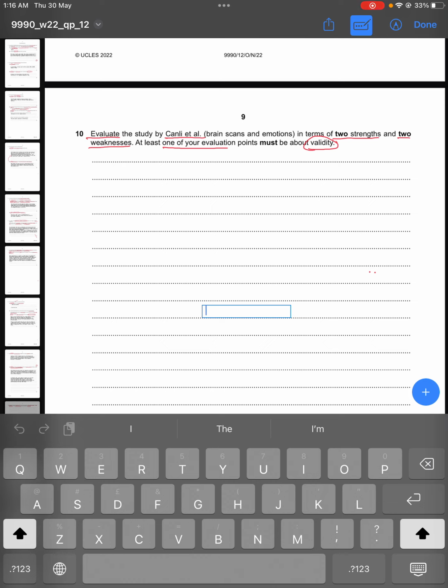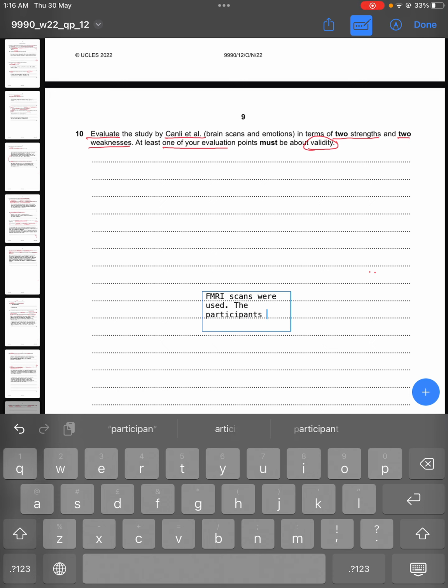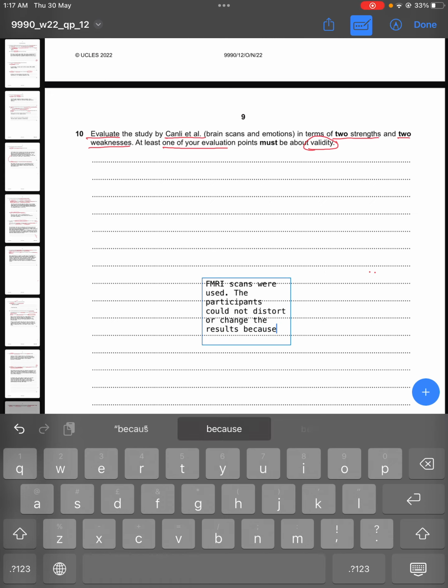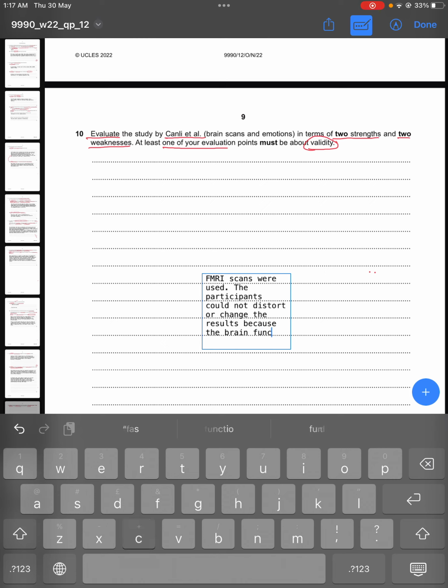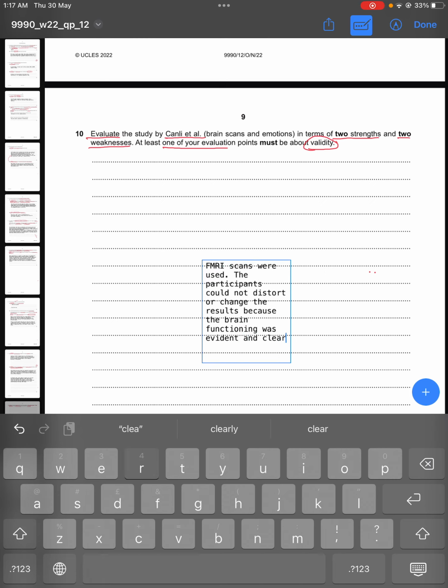So let's say I'm using it as a strength. I can write that fMRI scans were used, so the participants could not distort or change the results because the brain functioning was evident and clear in the scans.